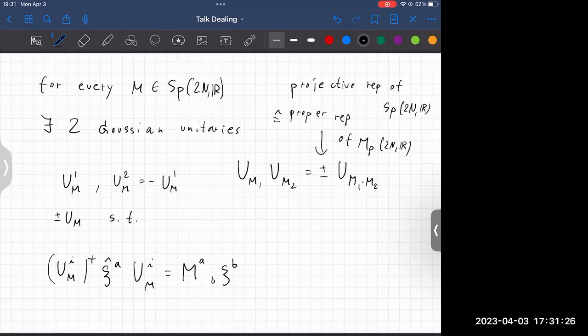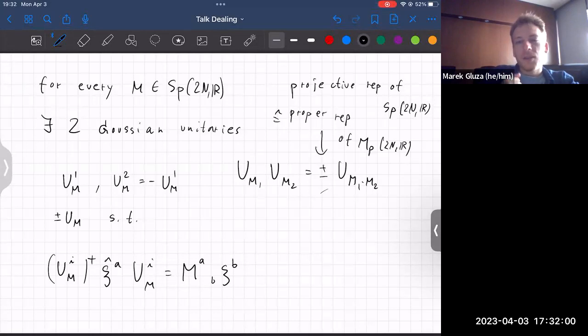If you want to do calculations, it will be relevant to figure out these signs, because if you take superpositions of Gaussian states, for example, these signs will be relevant. That's essentially what I can tell you at this stage.